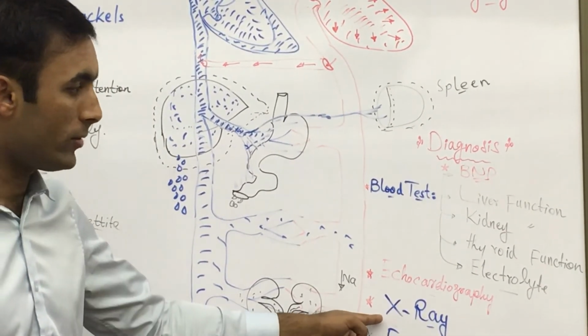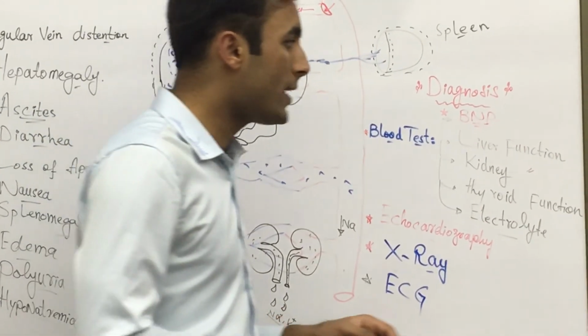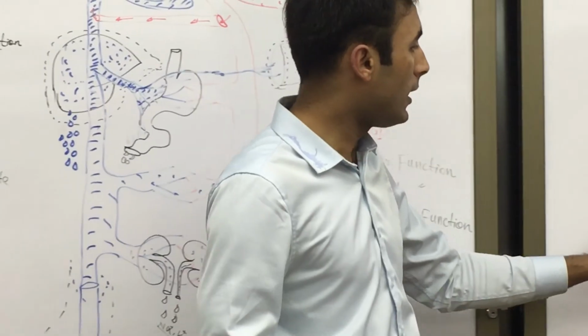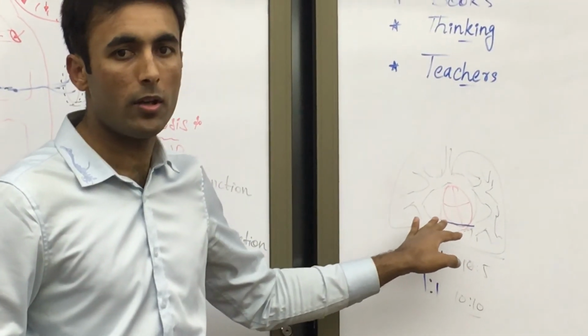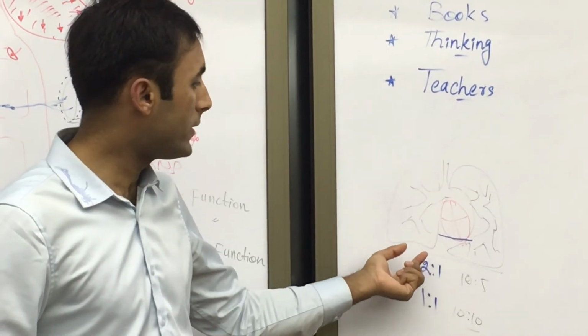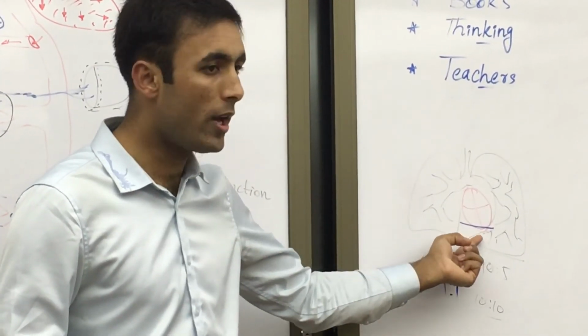Then we can give the X-ray. The main and important function of the X-ray test is that we can find the chest to cardiac ratio. In a normal person, the ratio between lungs and heart is 2:1.